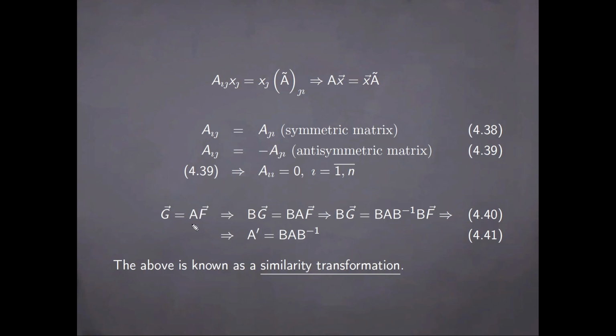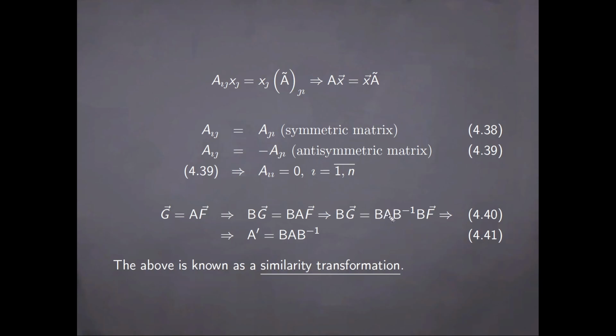Furthermore, if we define a vector G as being the application of the matrix A on a vector F, and then we transform G as well with the matrix B, then using the properties of the inverse of a matrix, we can write the application of B on G as being the application of B on F multiplied with a new matrix A prime given by the product here.